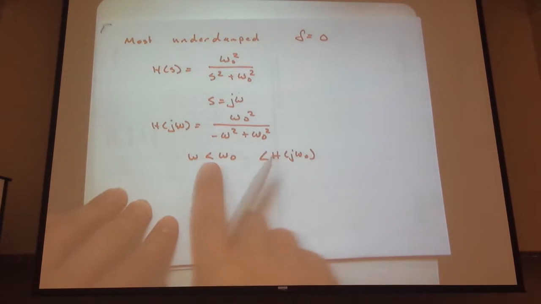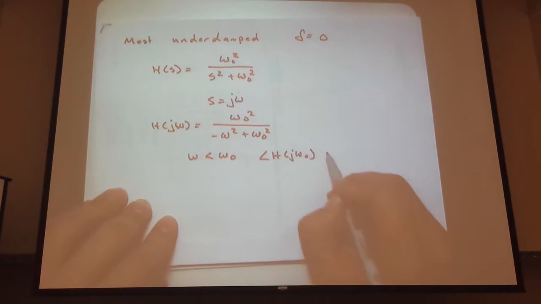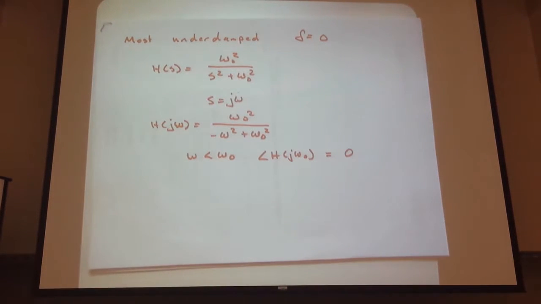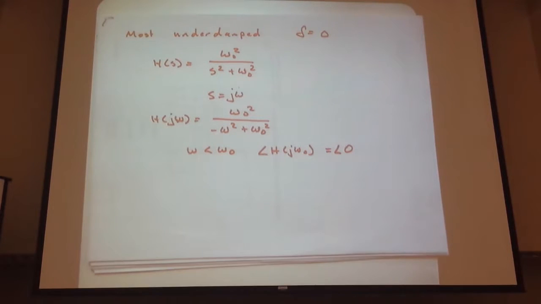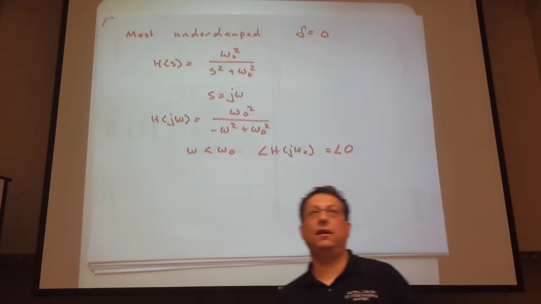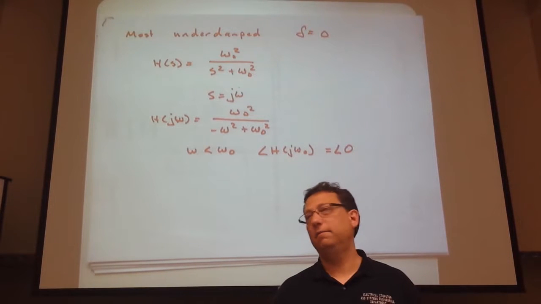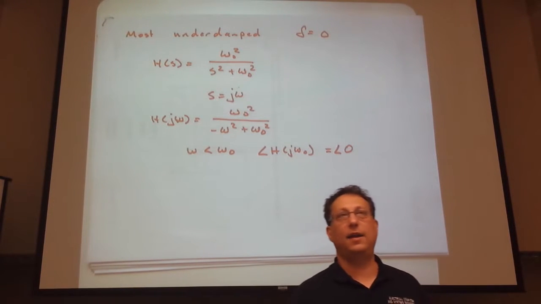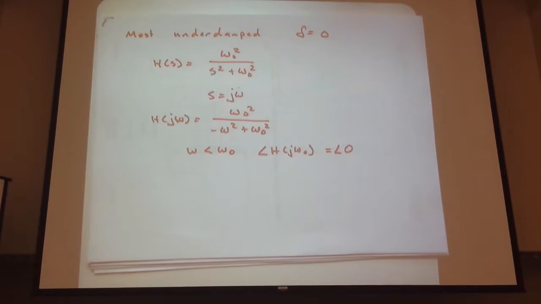If omega is less than omega naught, the angle of H of j omega equals 0. And it doesn't matter how close omega is to omega naught. I mean, omega naught could be 10 to the 3, and we could be saying 999.9999999, and that still gives us an angle of 0.